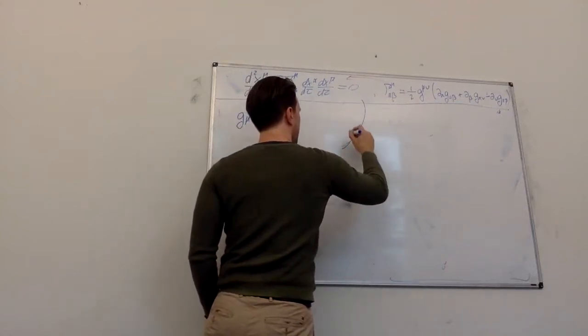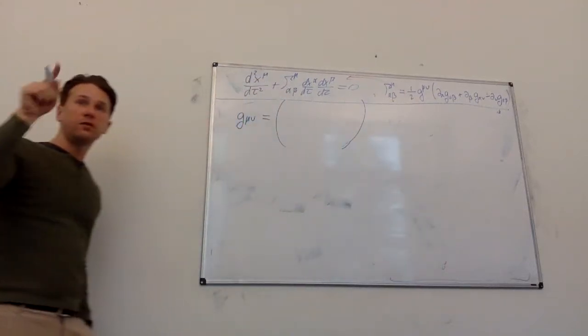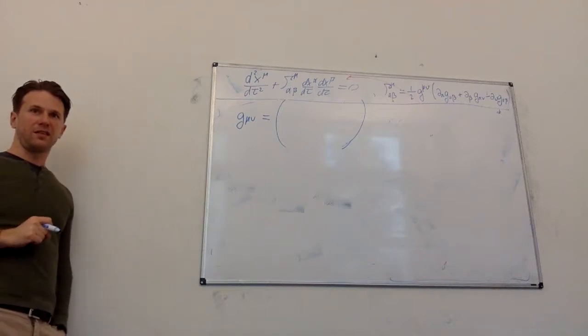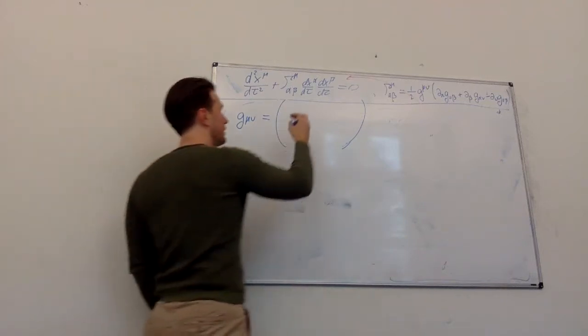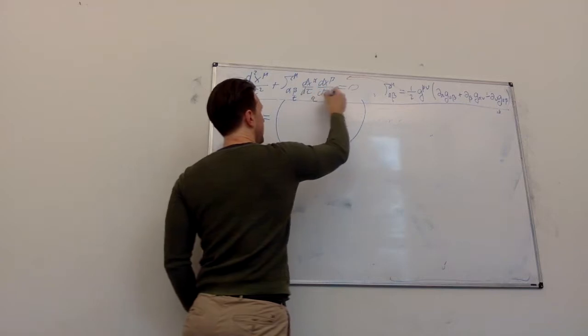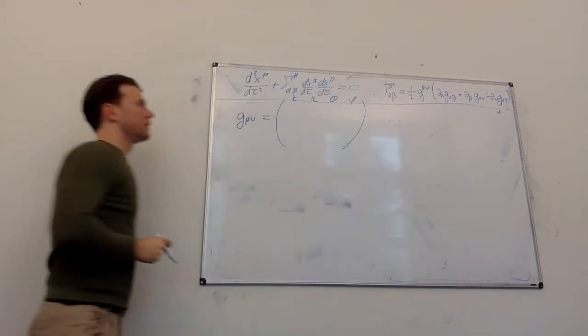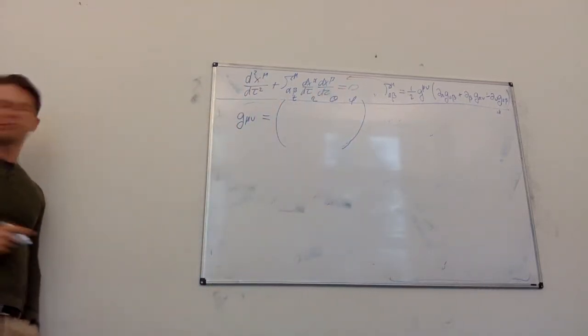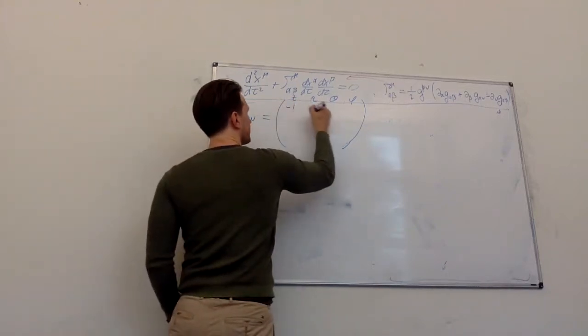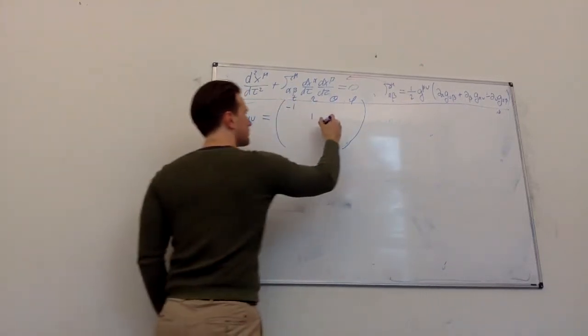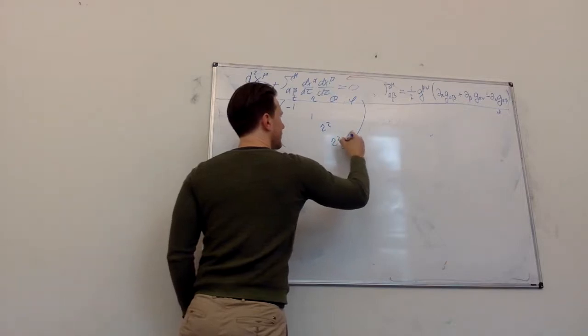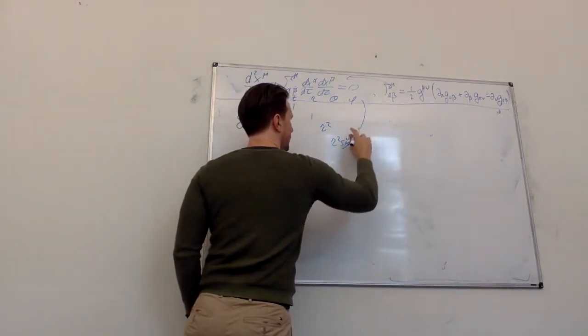Oh, yes, so you're talking 4x4. Yes, we need 4x4. So -1, 1 on the diagonal, and then r squared, and r squared sine squared theta. Yes, we derived this ourselves.